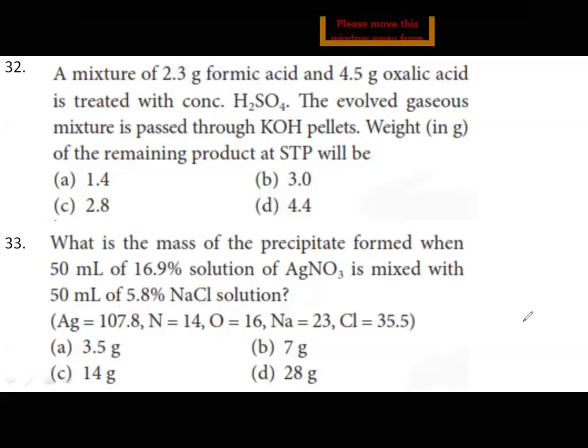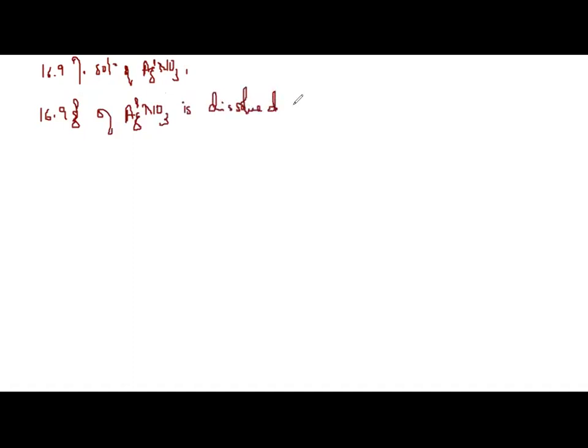What they have said, 16.9% solution of AgNO3 means what? It means 16.9 grams of AgNO3 is dissolved in 100 ml of solution, correct?